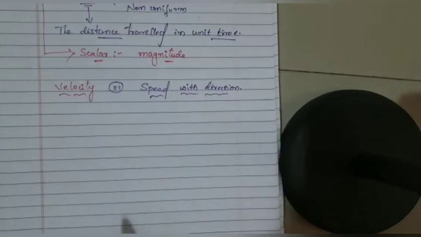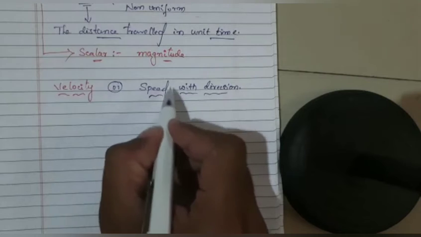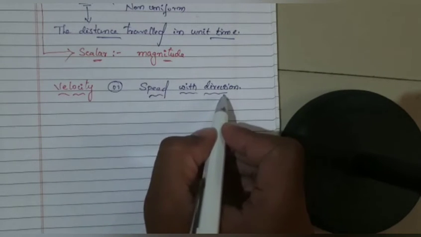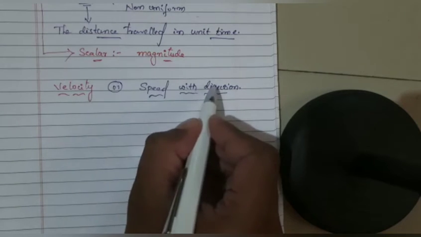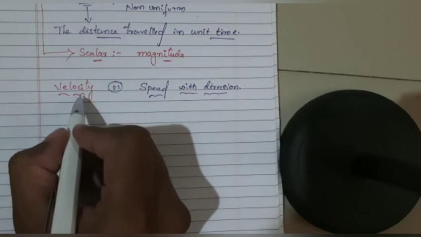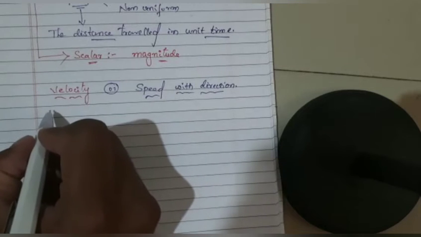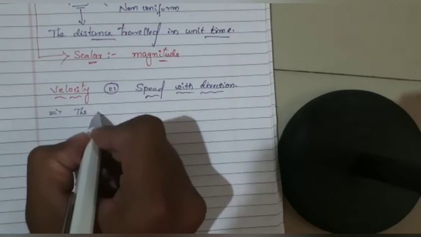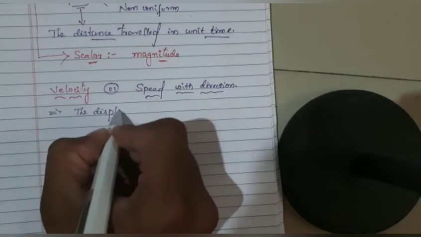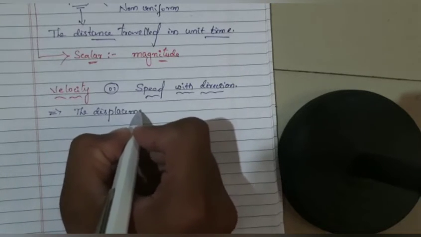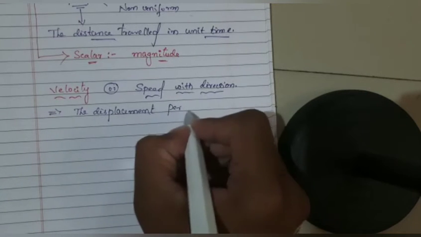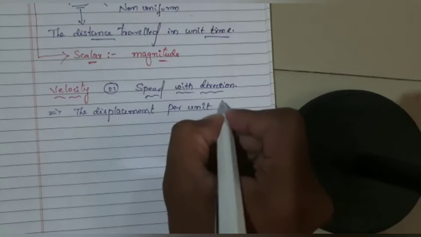Suppose you have a speed; to represent the speed I can use the direction. This combination of speed with direction is called velocity. Or velocity is also known as displacement per unit time.